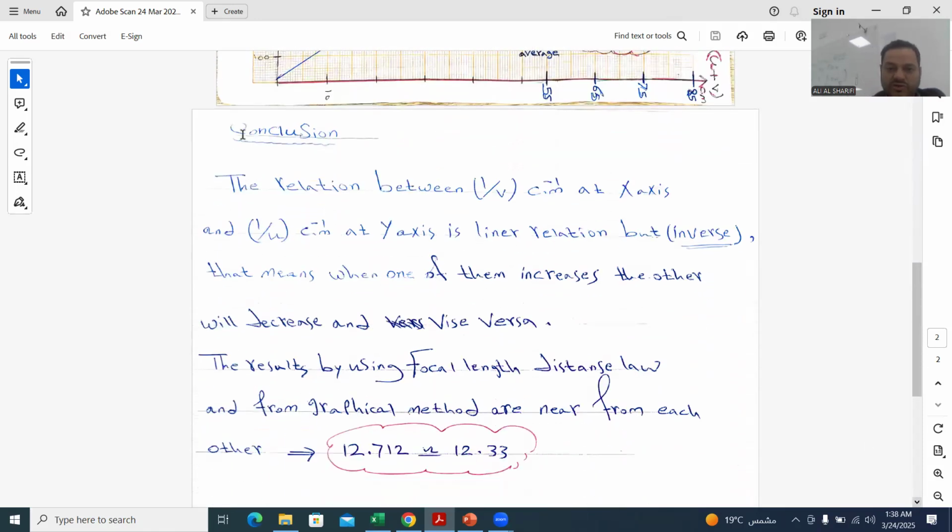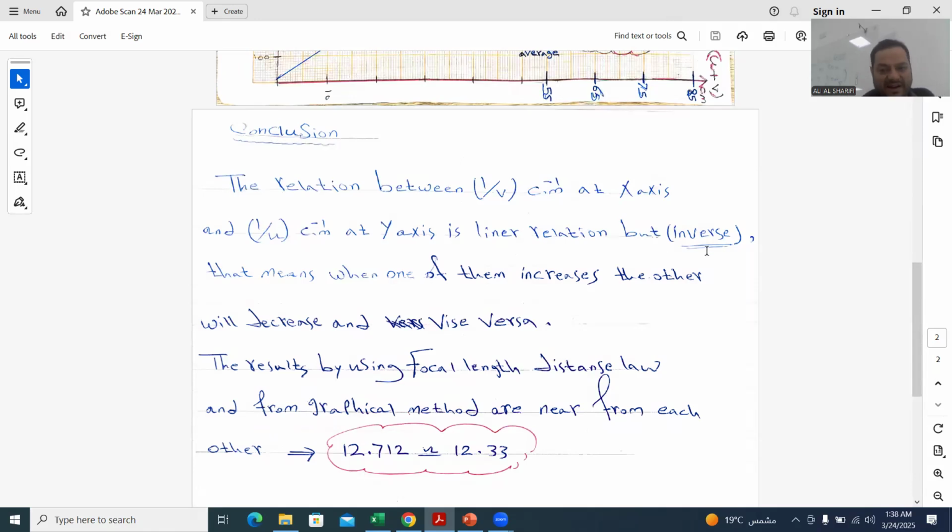Let's say in conclusion, the relation between u multiplied by v in centimeters at the x-axis and u plus v in centimeters at the y-axis is a linear relation.